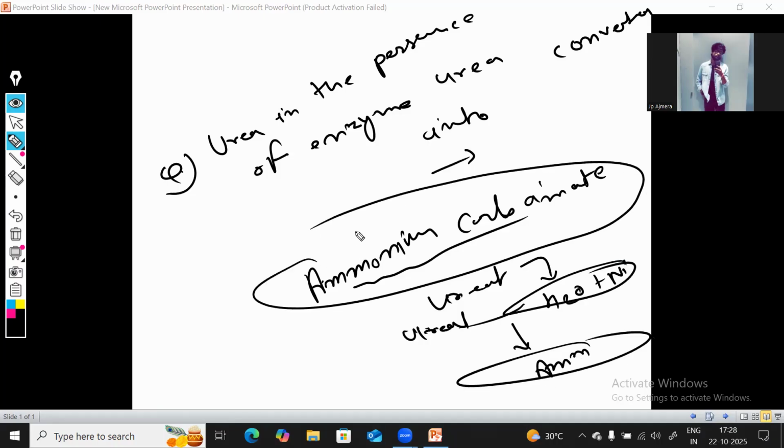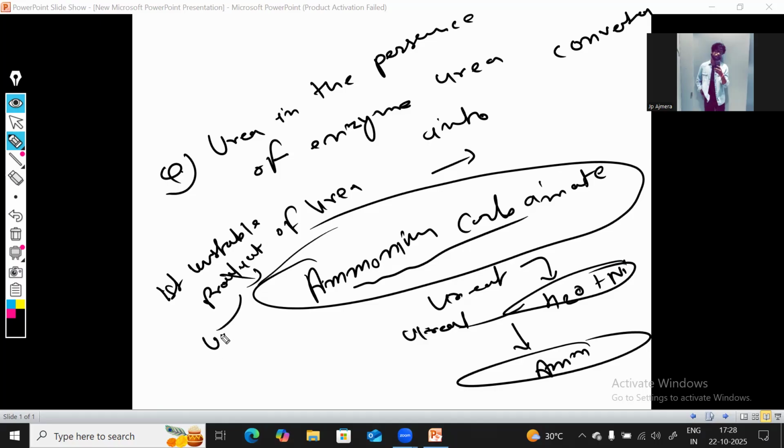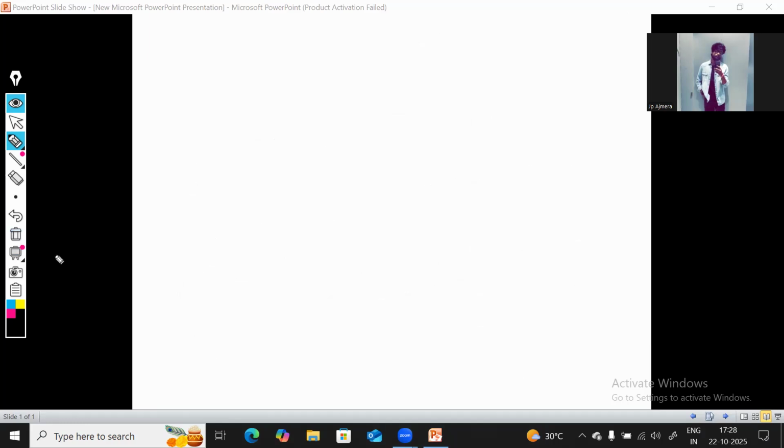The urease enzyme needs nickel as a nutrient to work. That is the most important component of the urease enzyme. Okay, all right. Let's move to the next one.